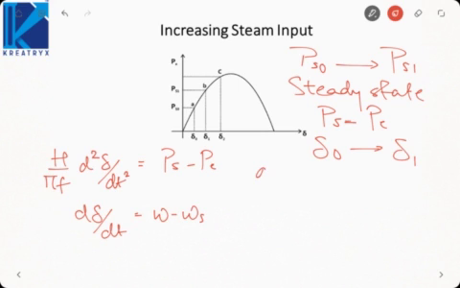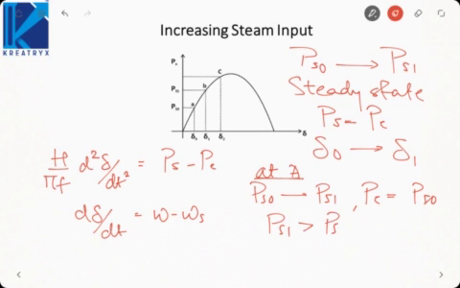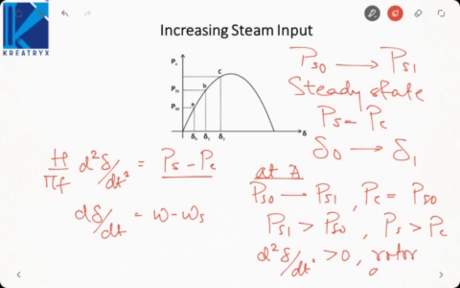Now let us see point A. Shaft input goes to PS1, but electrical power cannot change suddenly, it remains PS0. So PS1 is greater than PS0, that is, shaft power is greater than electrical power. From the swing equation, d square delta by dt square is greater than 0. So that means the rotor will accelerate.